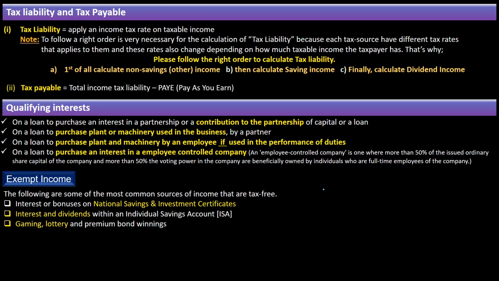In the calculation of taxable income, we have studied that we will deduct two amounts. The one was eligible interest and the second one was trade losses. So for example, here we have total income.